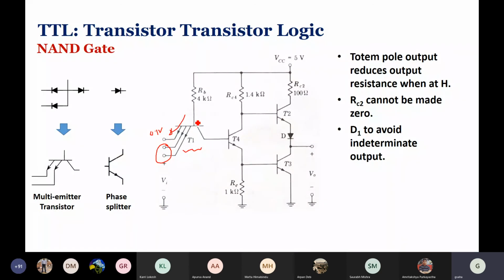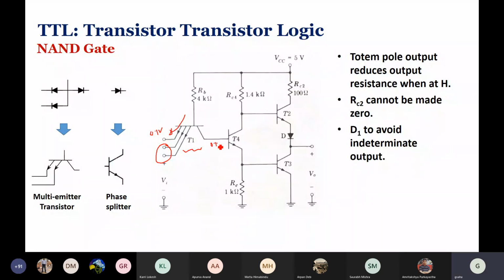Because the depth of saturation is decided by the amount of base current that goes into the emitter current, here IC is negligible. So this voltage is of the order of say 0.1 volt at this point of time, which is definitely insufficient to turn on this transistor.